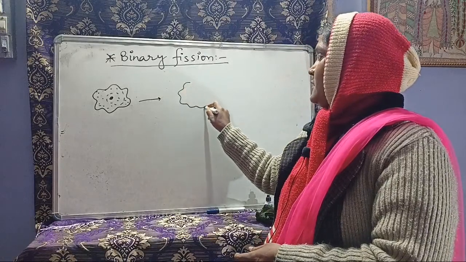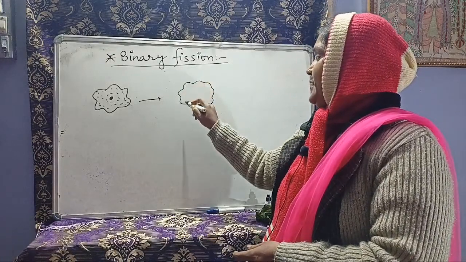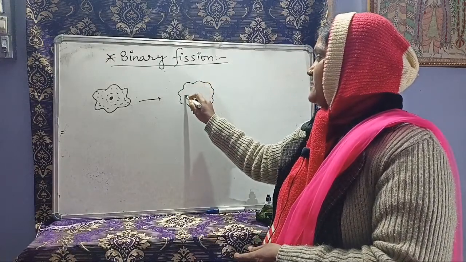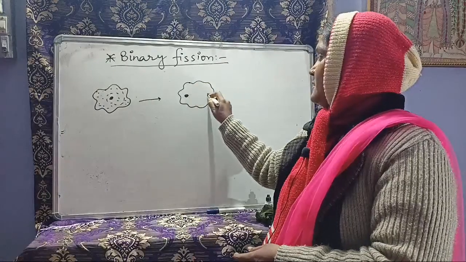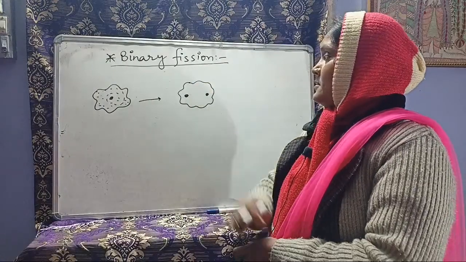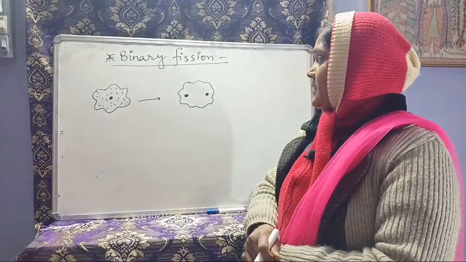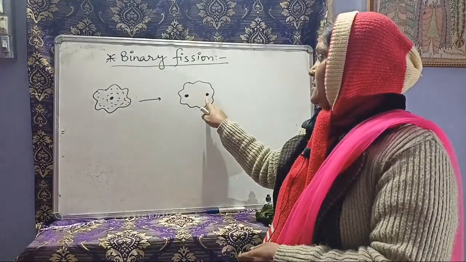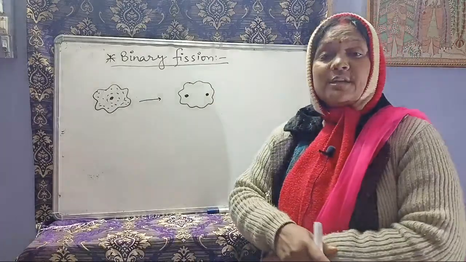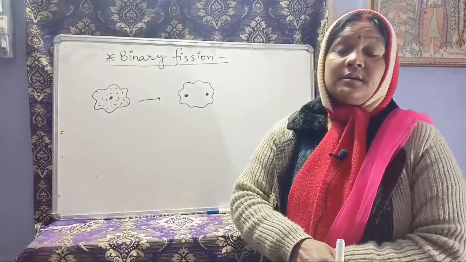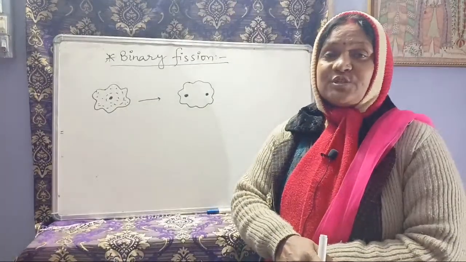First of all, nuclear division takes place. First, the number of nucleus becomes twice.